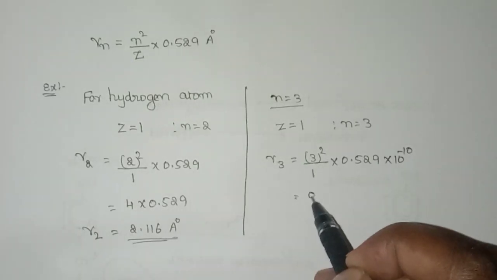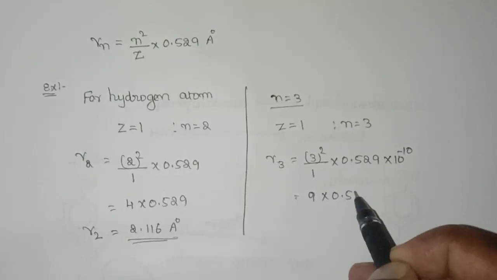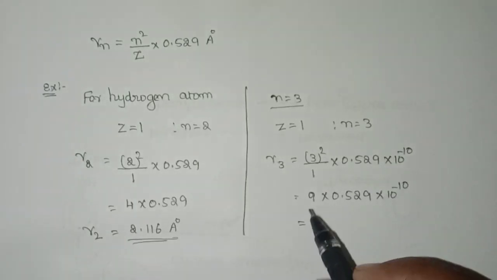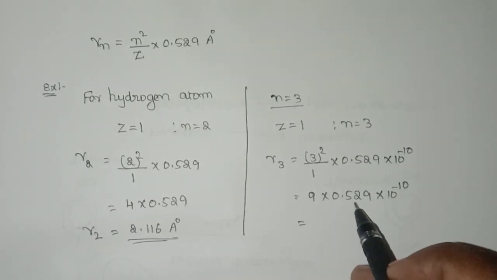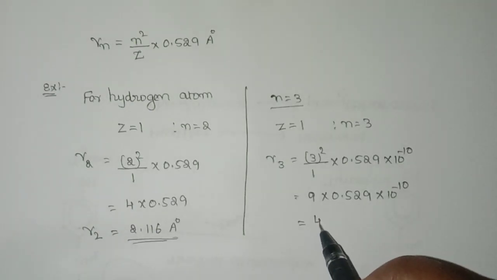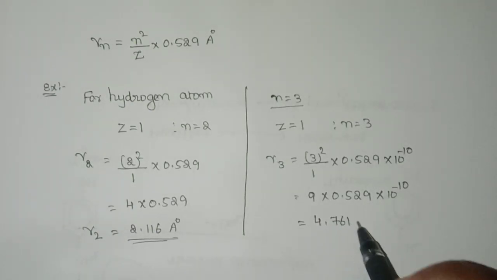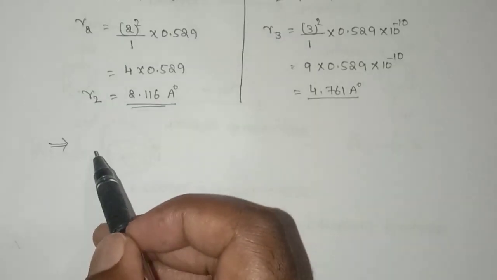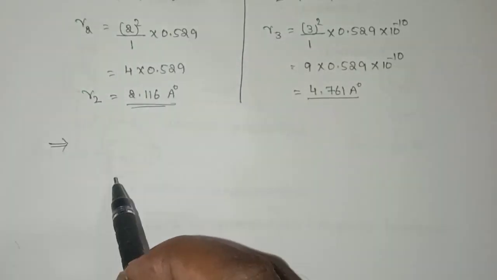So 3 3s are 9 into 0.529 into 10 to the power of minus 10, and the value will be 4.761 angstrom unit.